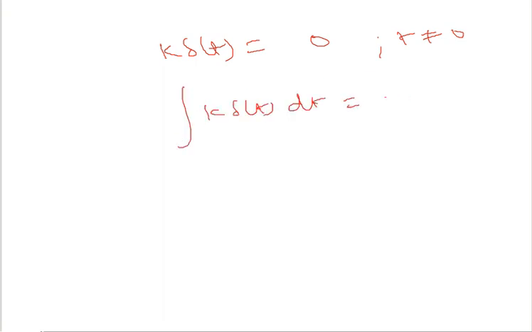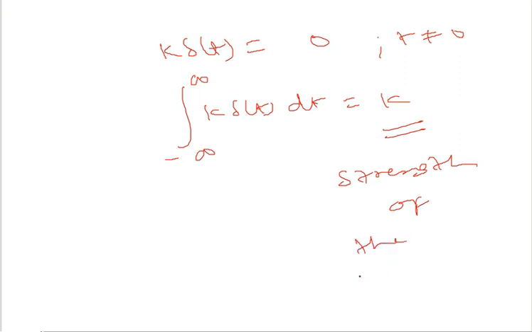Now further we can see that the signal k into delta t will be equal to 0 for t not equal to 0, and its area, the integral of k into delta t dt, will be equal to k. So in this case k is the strength of the impulse.